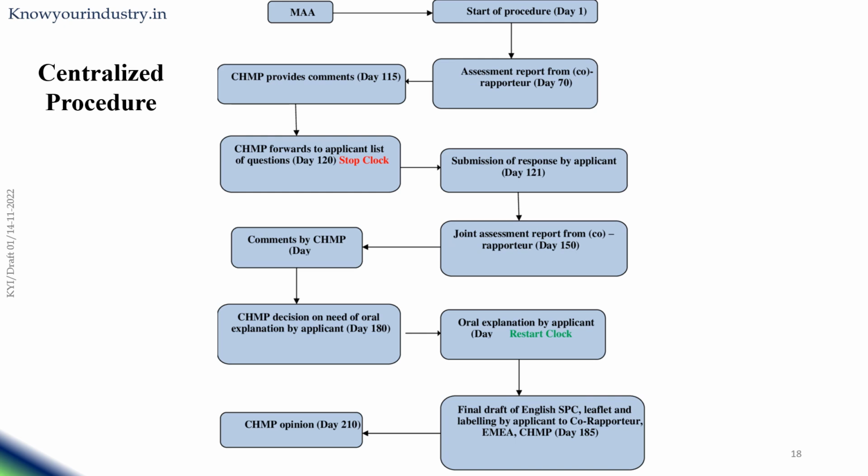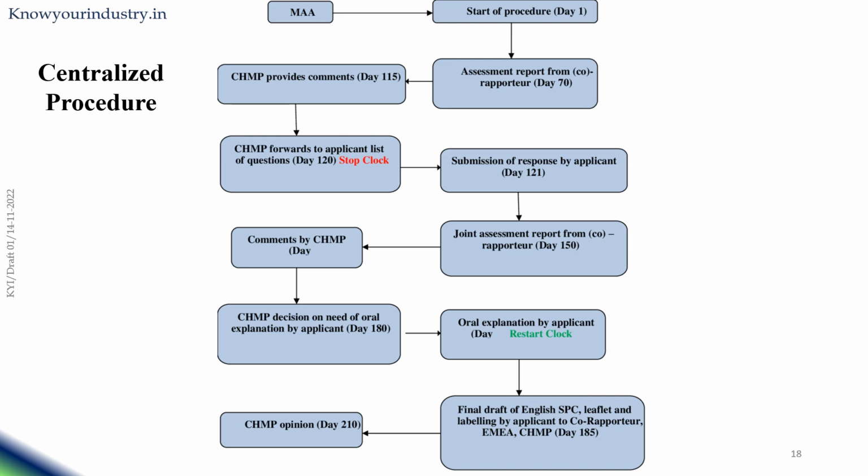This is the flow diagram for centralized procedure. When we file a marketing authorization application, this is the start of procedure, that is day 1. It goes for assessment report from co-rapporteur on day 70. Then CHMP provides its comments on day 115.